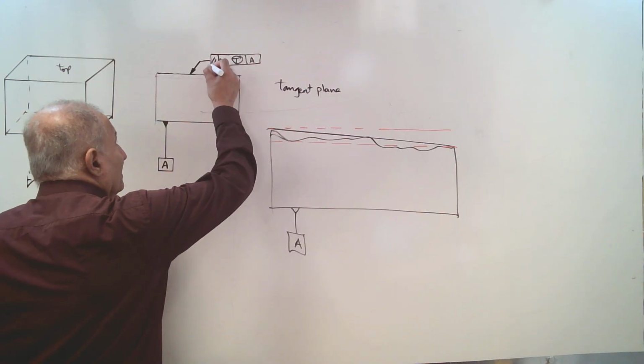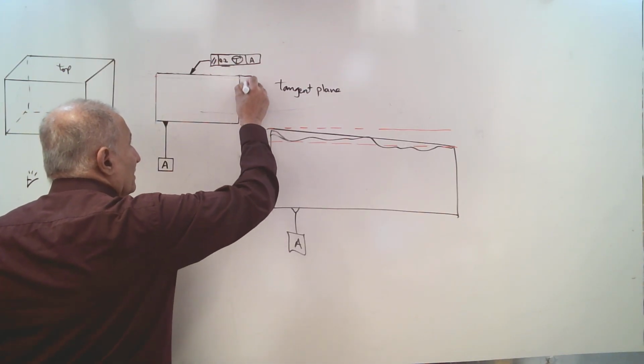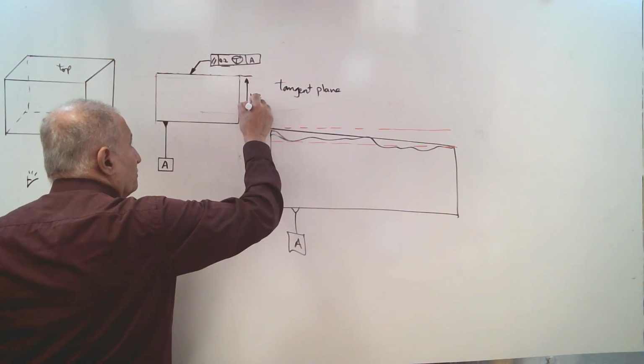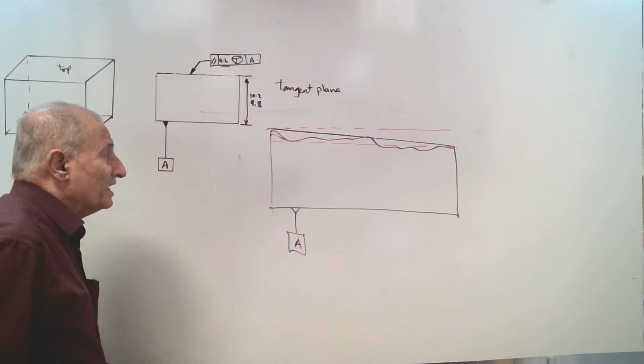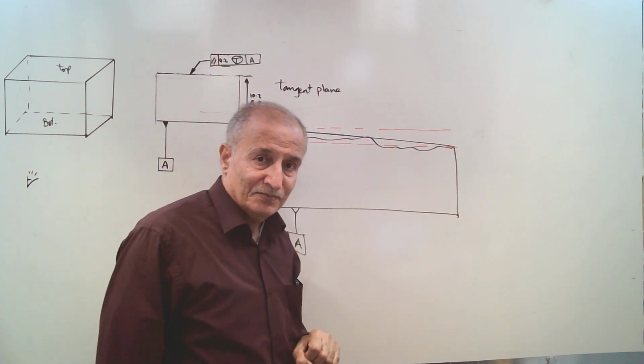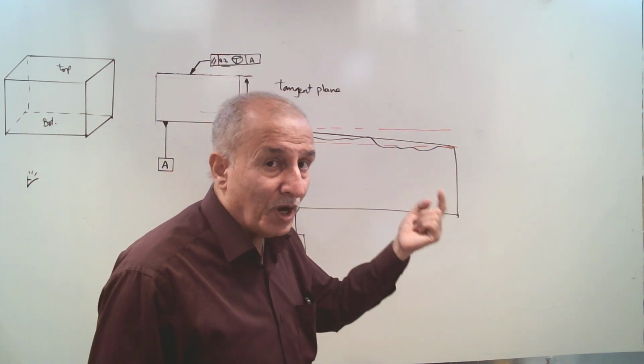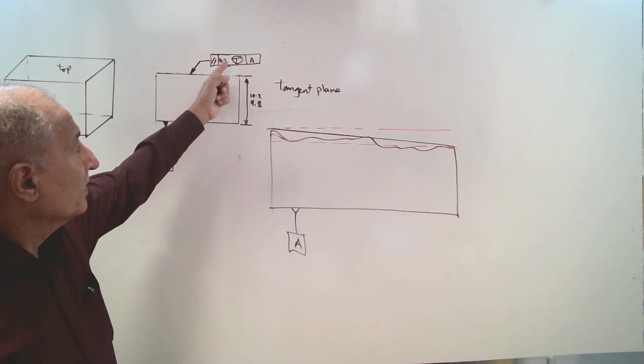Is it the only geometry? It also has a size tolerance as well, 10.2, 9.8. In this case, flatness is controlled by the size tolerance, 10.2, 9.8, when you have a tangent plane here.